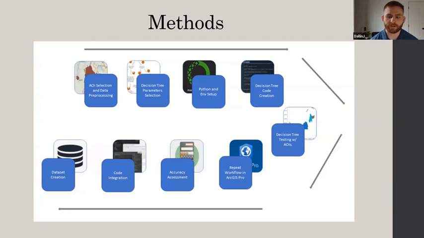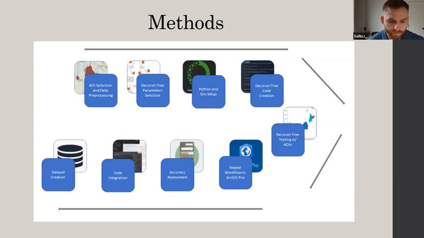To complete this project, I used the following workflow. I selected areas of interest and then pre-processed the data to get ready to implement in the script. I chose decision tree parameters, set up the Python environment, and then the meat and potatoes of the project, I created the code using the decision tree parameters, and then tested those areas of interest on the code that I've written.